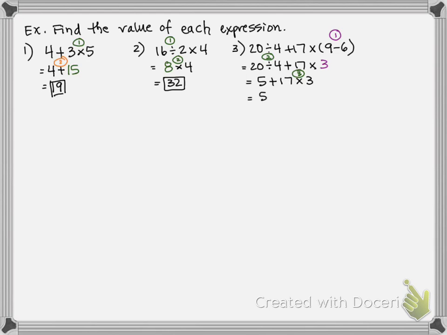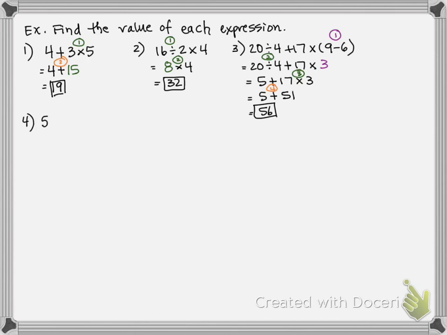So the 5 doesn't change, the plus doesn't change. 17 times 3 is 51. How did I know that? I've done it so many times, I've memorized it. Okay? And then what I should be left with is either an adding or subtracting. And I happen to have adding, so that's my final operation. And 5 plus 51 is 56. Notice I started broad at the top and narrow at the bottom to a point. All right, here comes the doozy. This guy's got it all.